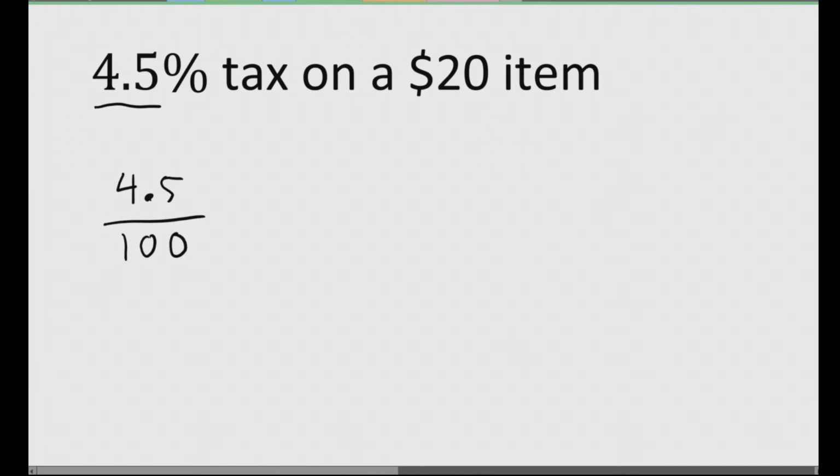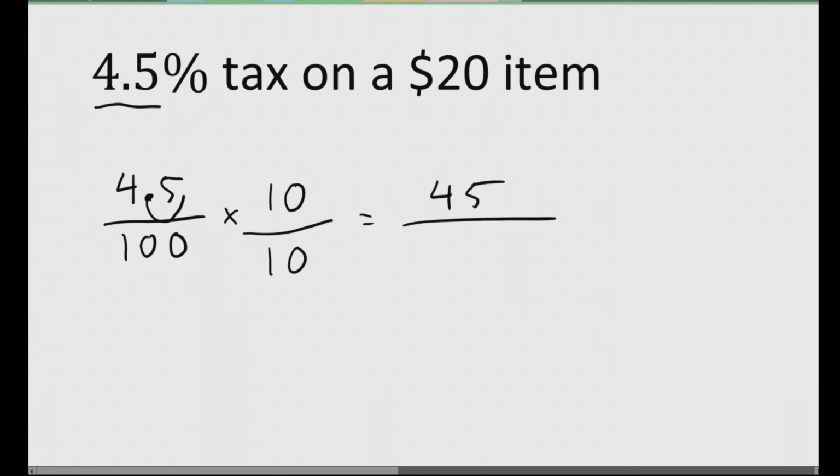The thing is though, you really want to write your fractions with whole number numerators and whole number denominators. In this case, we can move over a decimal point once by multiplying by 10 over 10, which gives you 45 over 1000.